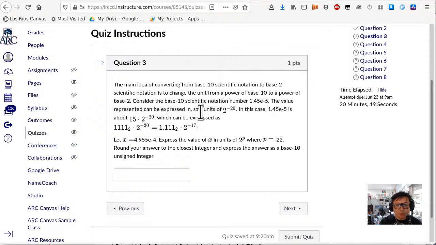In other words, the coefficient is specifying how many of the unit that we have. Okay, so in base 10, because we are using 10 to the power of something as the unit, that's the nature of base 10 scientific notation, we are specifying the quantity of some power of 10.